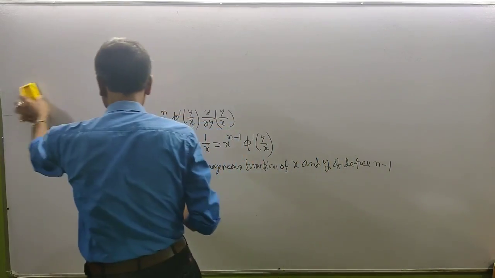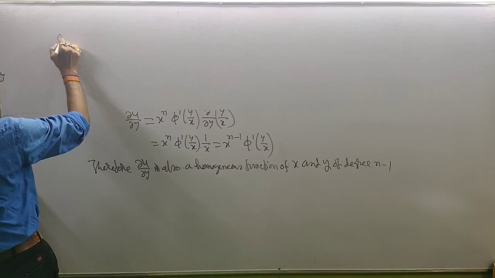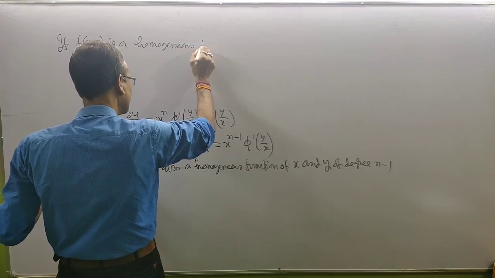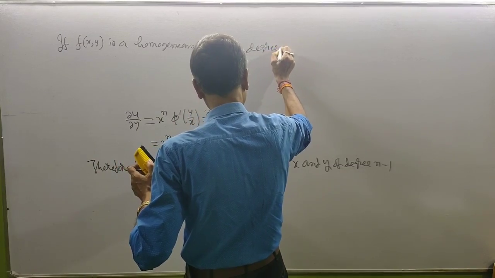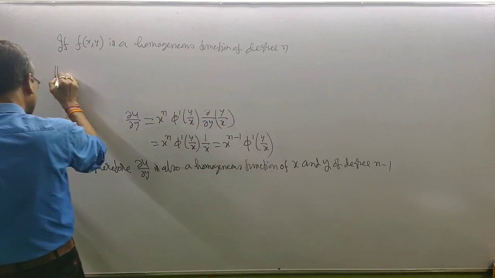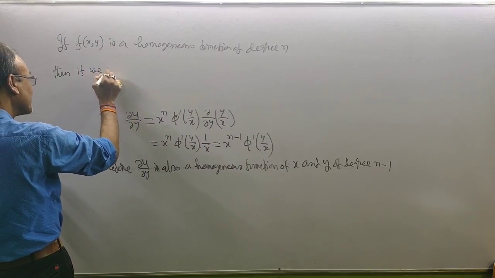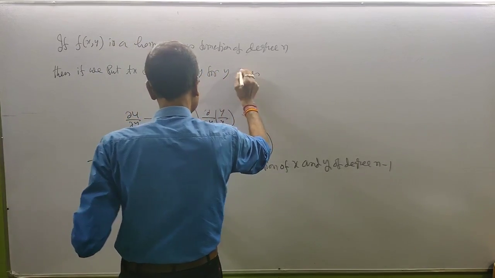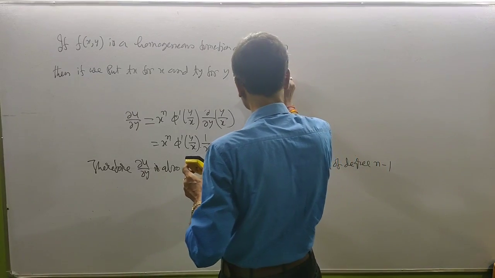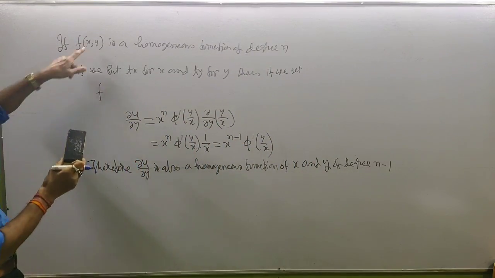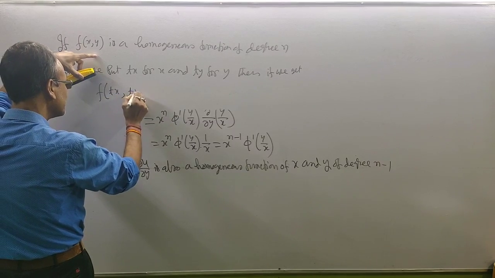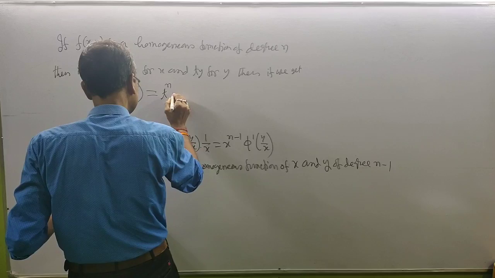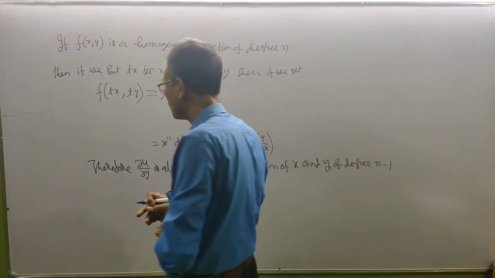Similarly, if f(x,y) is a homogeneous function of degree n, then if we put tx for x and ty for y, we get f(tx,ty) equal to t to the power n times the function of x and y.